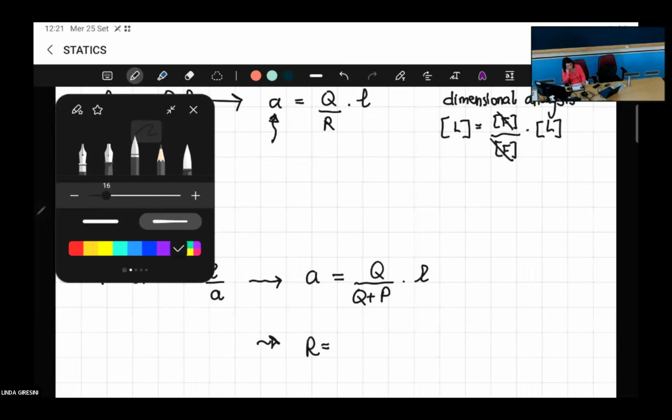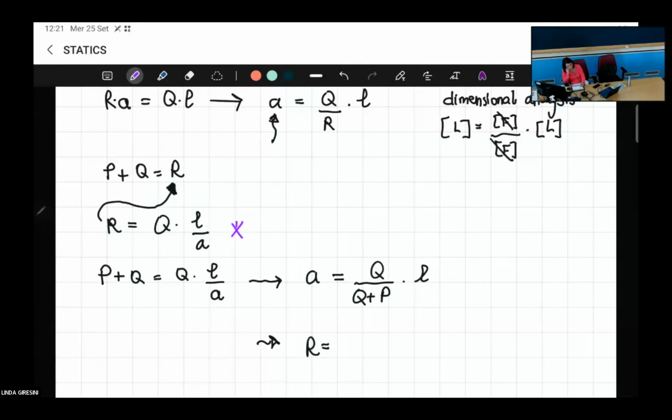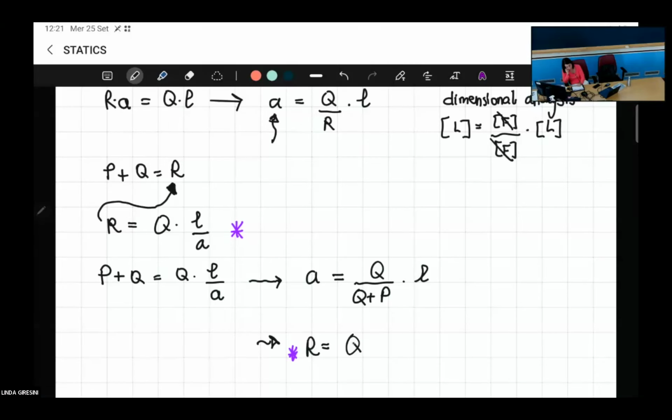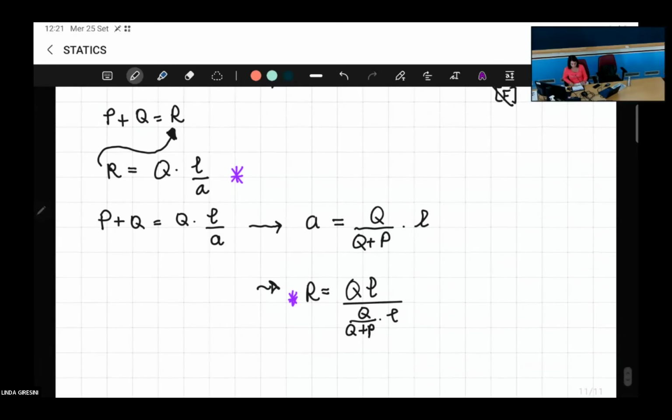You take this expression in here, you put it here, and you can compute now R, because this will be like Q divided by Q plus P times L, and you can handle it in order to have an ordinate expression.